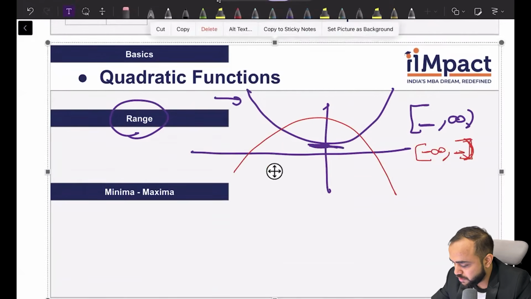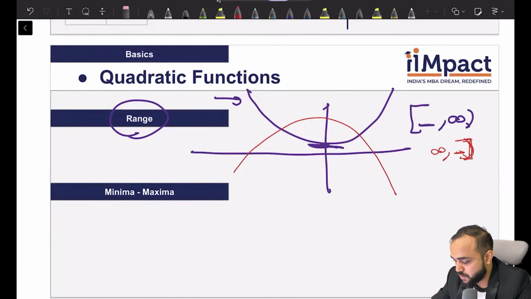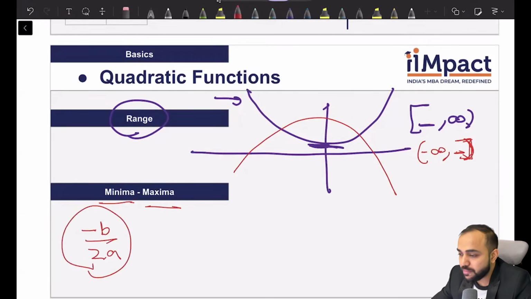I will not put a rectangle around infinity. The minima and maxima, again, you are clear on this. You only have to find the input, that minus b by 2a is the input for which the function will give me the minimum or the maximum value. And then you will write the function expression ax square plus bx plus c.